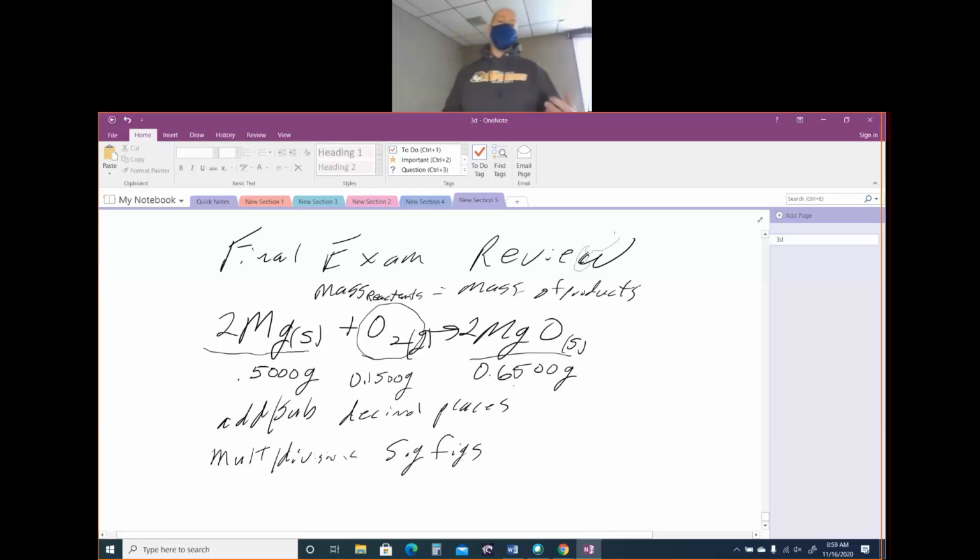So when you add, subtract, the amount that has the least number of decimals, that's how many decimals you give in the product. When you're multiplying, dividing, the number with the least number of sig figs, that's what you give for your answer when you're doing multiplication and division.